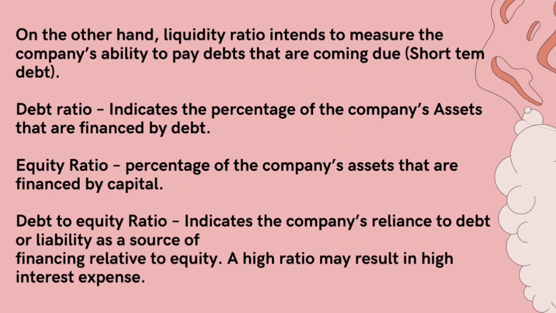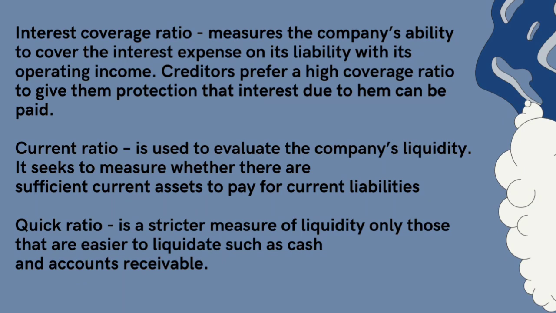A high ratio may result in high interest expense. Interest coverage ratio measures the company's ability to cover the interest expense on its liabilities with its operating income. Creditors prefer a high coverage ratio so that the interest due to them can be paid.